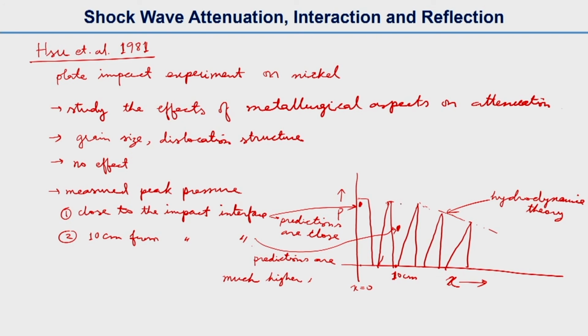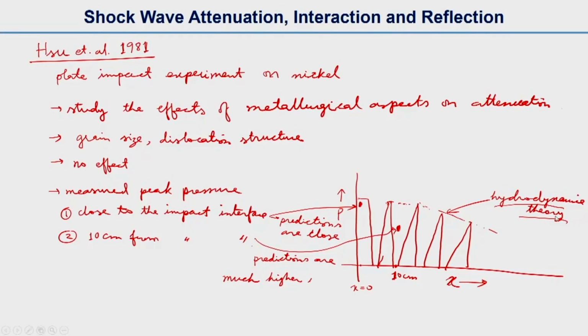The theory says it will be at this place, that means the attenuation is higher in the real case, as we discussed in the previous slides, and with hydrodynamic theory the attenuation rate is lower. If you do a real experiment, you will find the attenuation quite high.